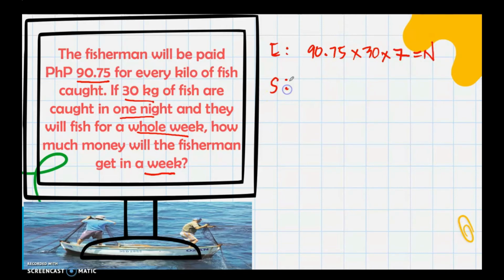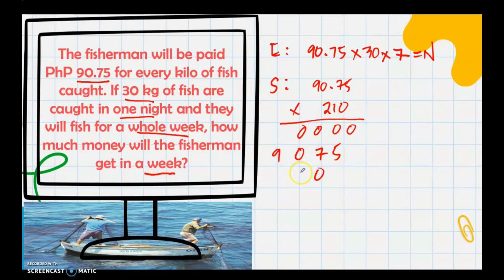Now let's solve. Let's multiply 30 times 7 so that we can just multiply it right away. So 90.75 times 210, because 30 times 7 is 210. So you multiply 1, 2, 3, 4, 5, 7, 0, 9, 10, 14, carry 1, 1, 80.